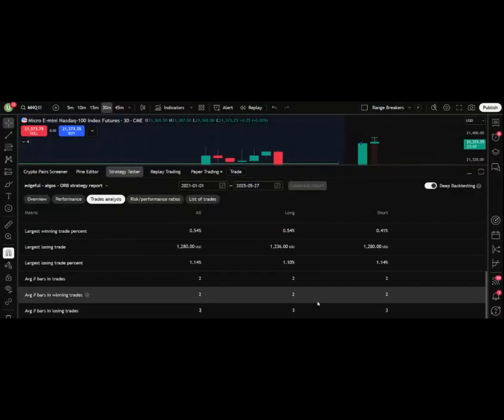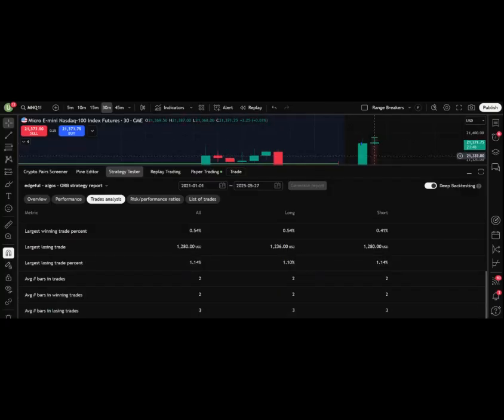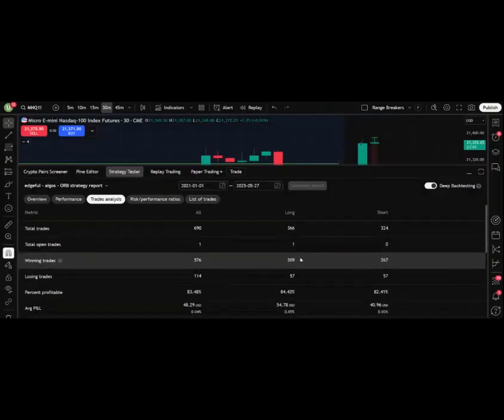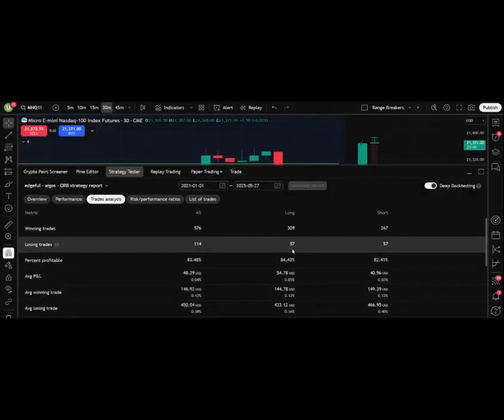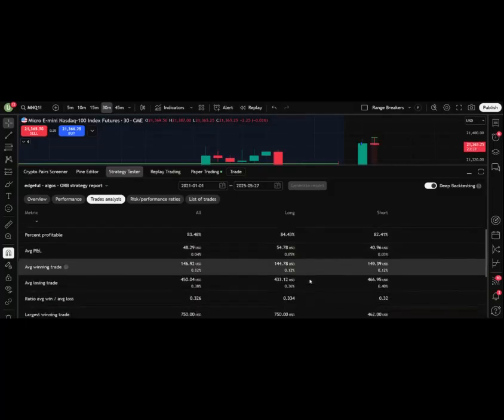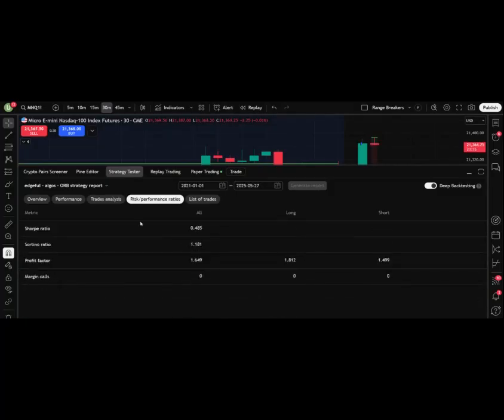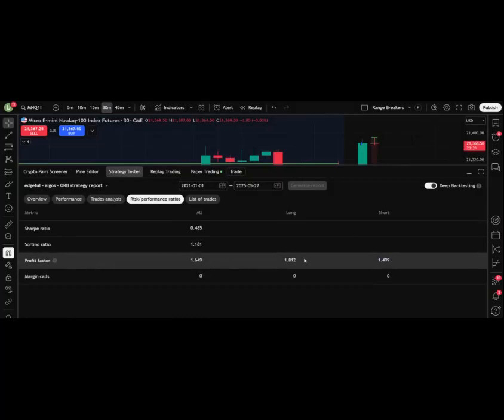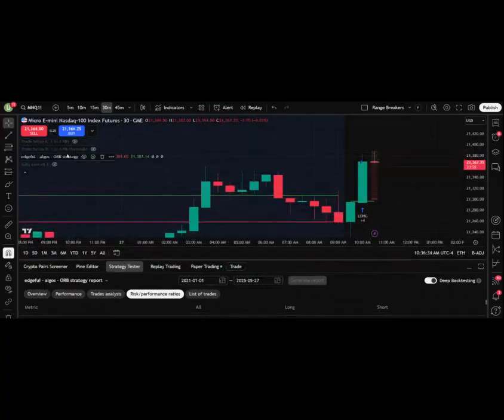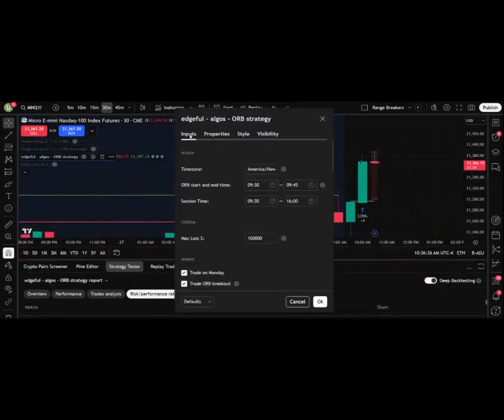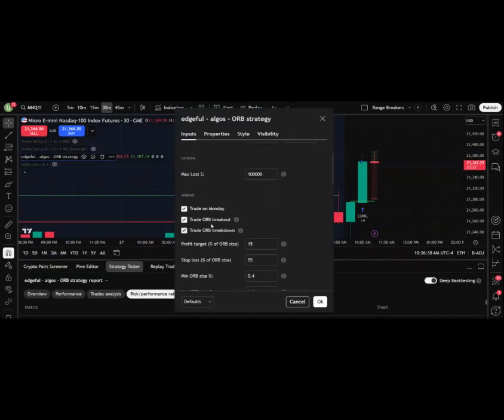So losing trades take longer by 1 bar, but these are 30-minute bars. And so you can say, let's see which one does better. Let's do the shorts are not as great as longs. So you could know that. Go up to here and only go breakouts. Don't even pick breakdowns, which is a nice thing with Edgeflow.